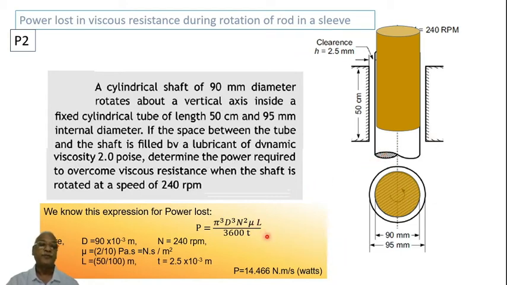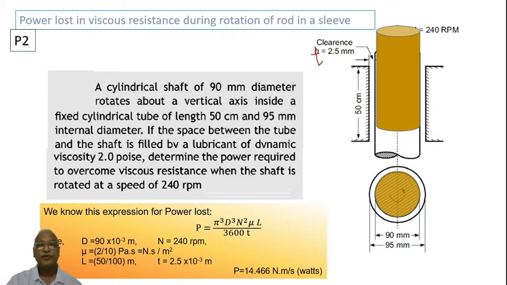Now if you put all this information in the direct equation for power required to rotate the shaft, or power lost during rotation, whatever terminology you use, P is equal to pi cube D cube N square mu L divided by 3600 T. This T is the same as the H shown in the book; what is meant by it is T, the thickness of the oil film around the shaft.